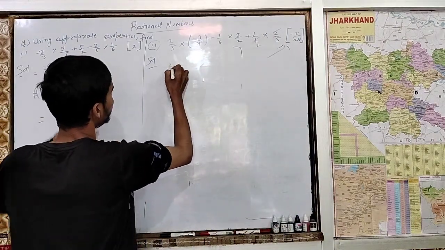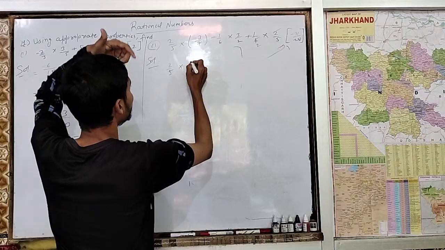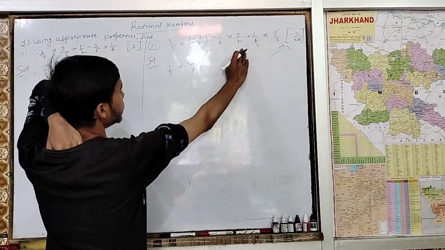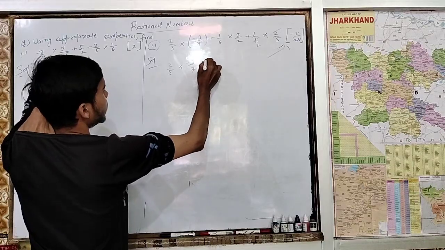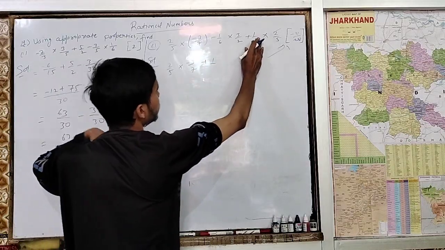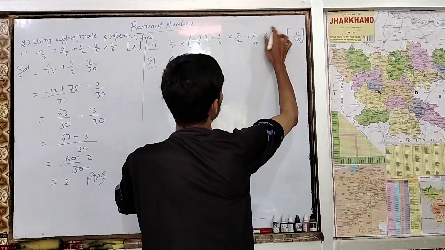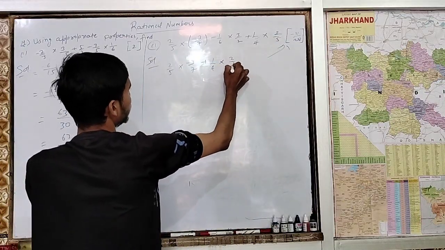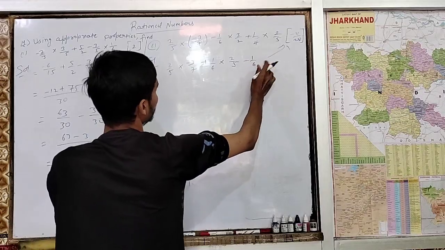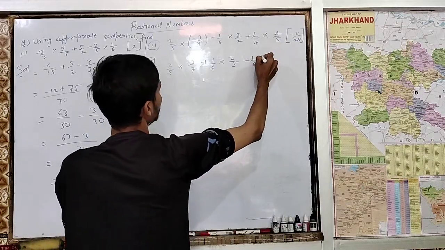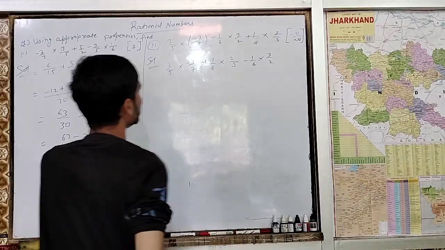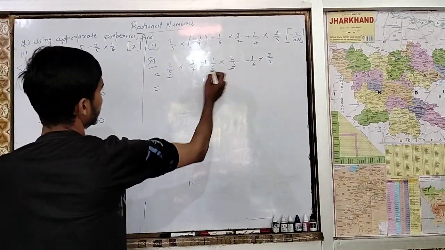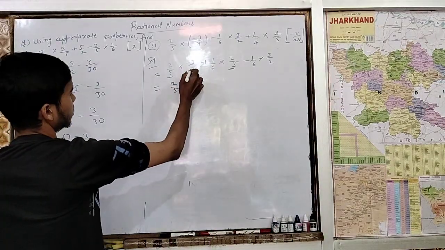So look at over here, 2 upon 5 multiplied by minus 3 upon 7. Okay. So here we have this plus 1 upon 4. 1 upon 4 multiplied by 2 upon 5 minus, okay. So here 3 upon 2. We will take 2 upon 5 as a common.